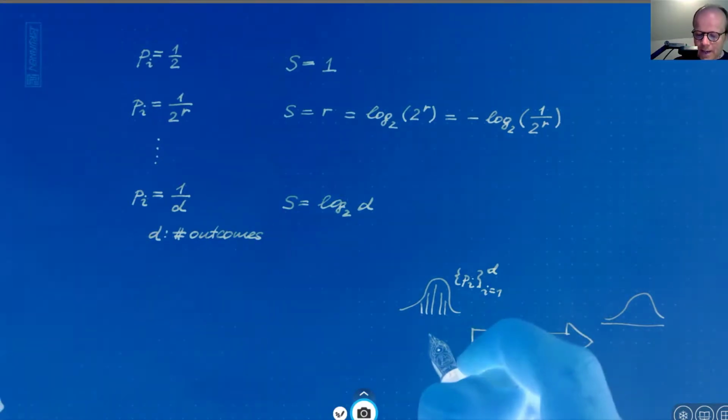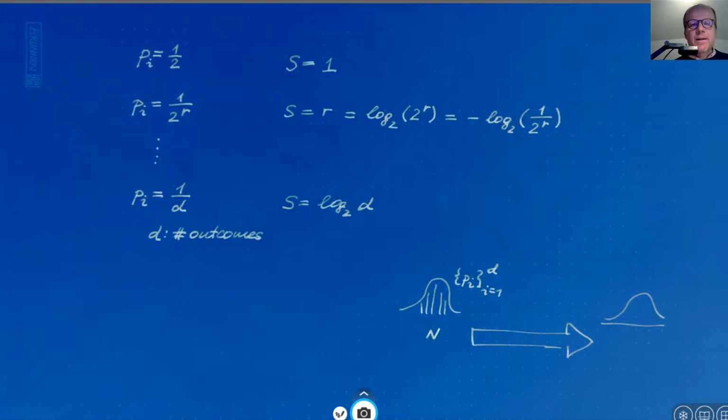And let's say that Alice repeats the random experiment n times, so there are n trials. If n is large enough, and that's the law of large numbers, then the relative frequencies with which the various outcomes occur coincide with the probabilities.